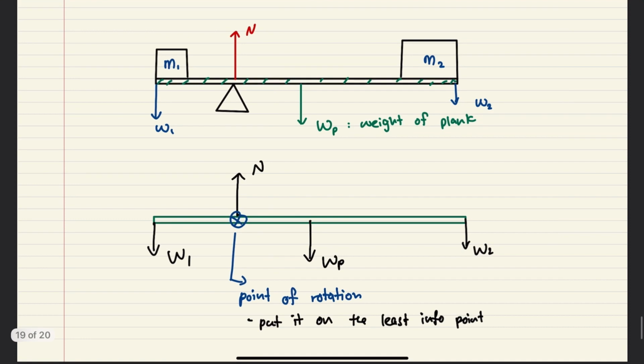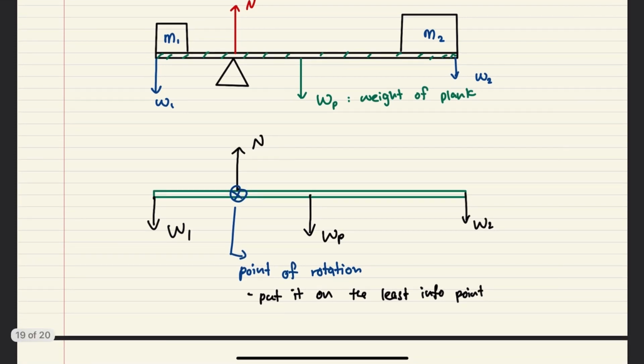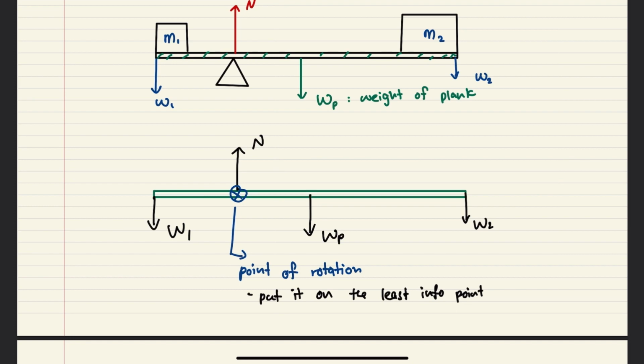After that you have to label all the R. R is the distance from the point of rotation to the force. So obviously it depends on your point of rotation. If you choose a different point of rotation, you have different values of R. You just have to follow, it doesn't matter. For example over here, for WP, the R is this distance here.